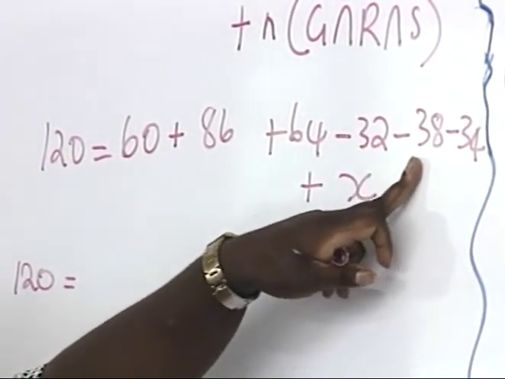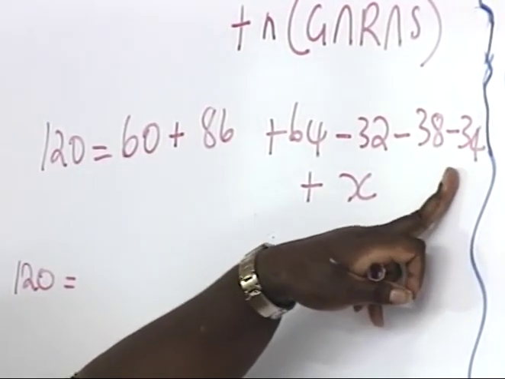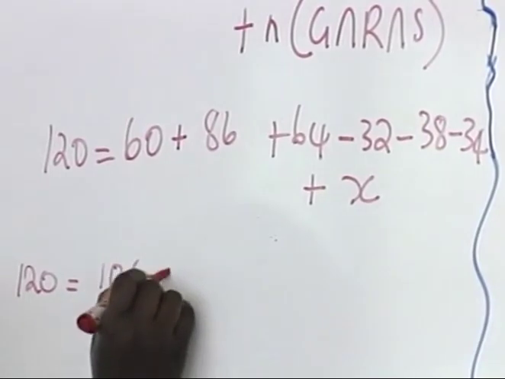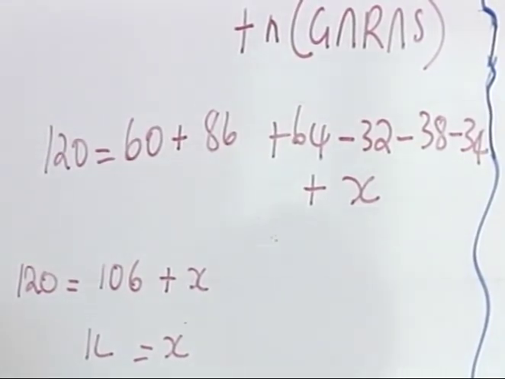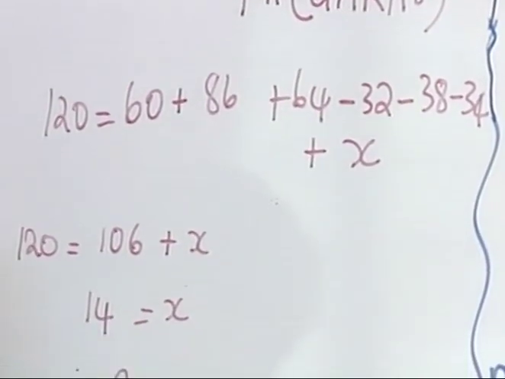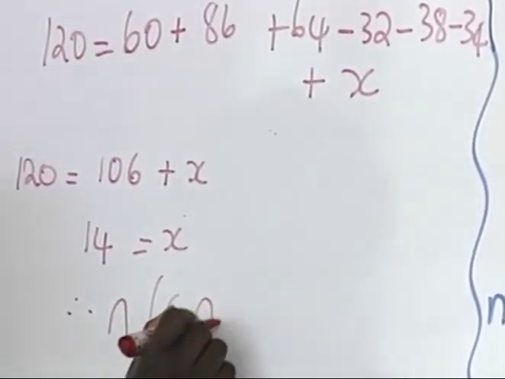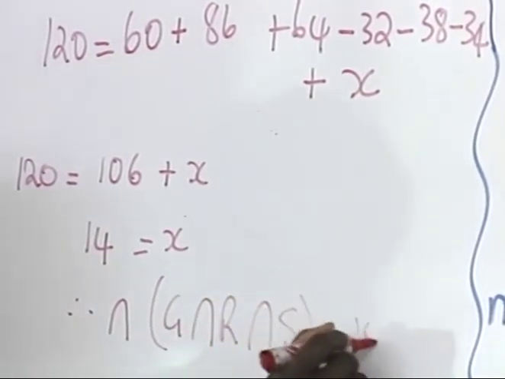Take away 32, 140. Take away 34, 106. So 106 plus X. X is equal to 14. So therefore, the number of elements in G intersection R intersection S is equal to 14.